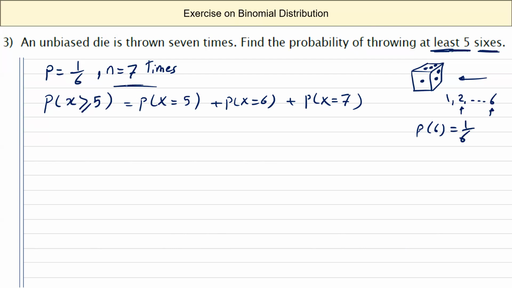So in question 3, you can get the 3 values here. The sum is approximately 0.002. You can check your answer by calculating this one. I show you the value.